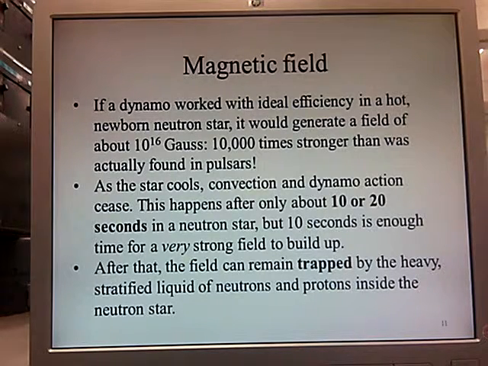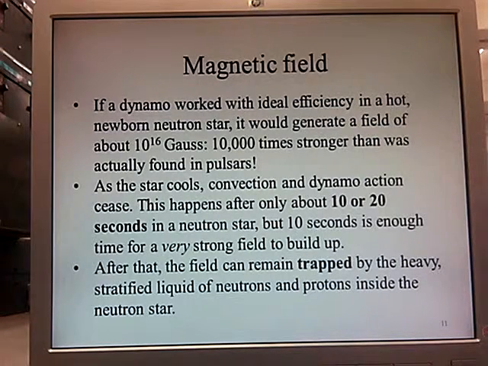And in particular, it's worth noting that you get this over a time frame of just 10 or 20 seconds in the star's life, during which you actually have this possible time for convection and dynamo type actions to ramp up the magnetic field. Because it cools quite quickly from that hot forming state and gets rid of these convective and dynamo motions.